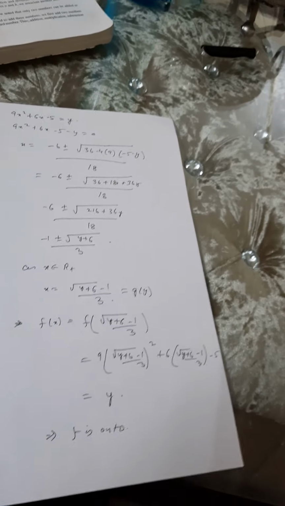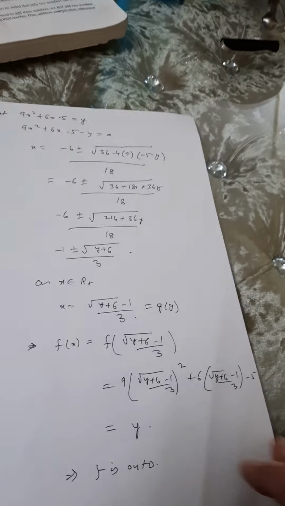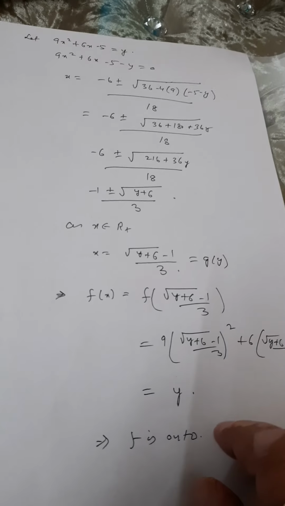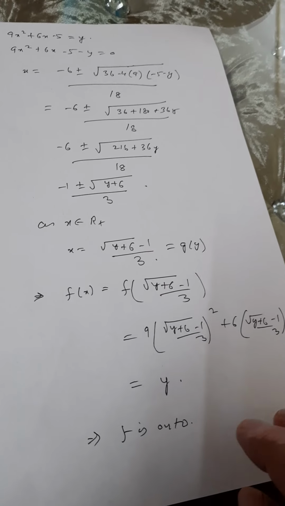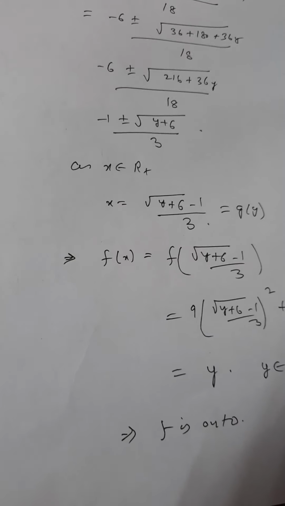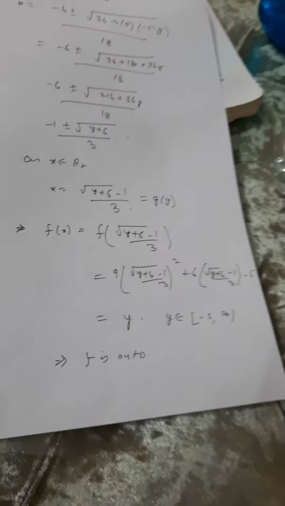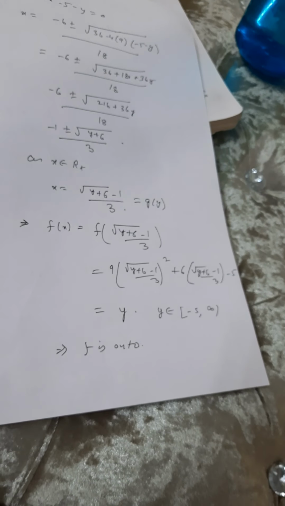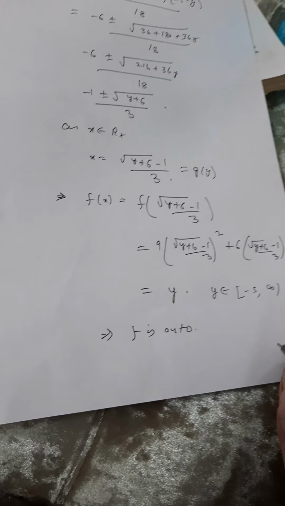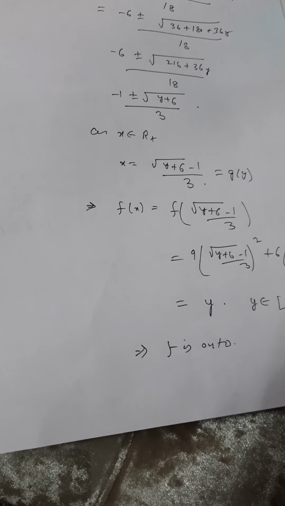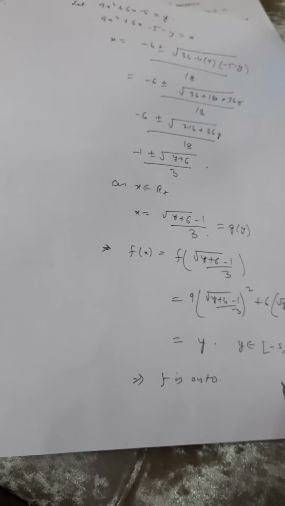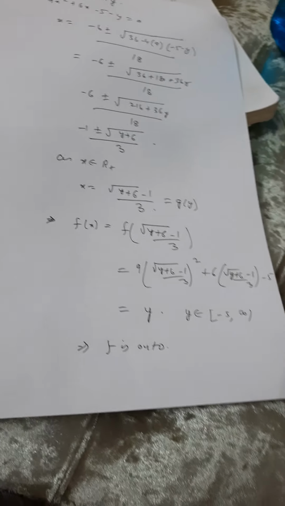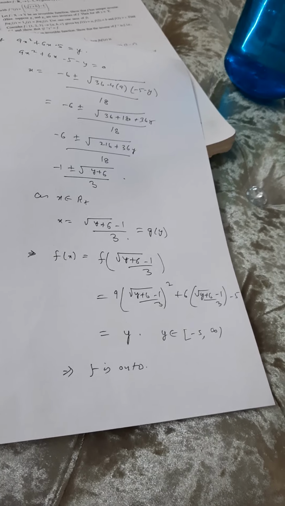Now one more thing I want to tell you, that for ontoness, as x belongs to R plus, y belongs to minus 5 to infinity. Now to show that y belongs to minus 5 to infinity, you have to show how y belongs to minus 5 to infinity.